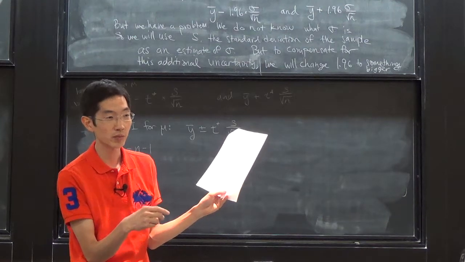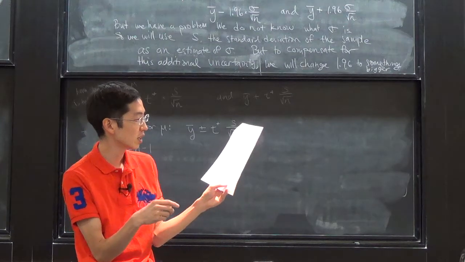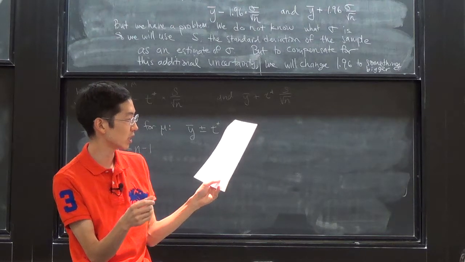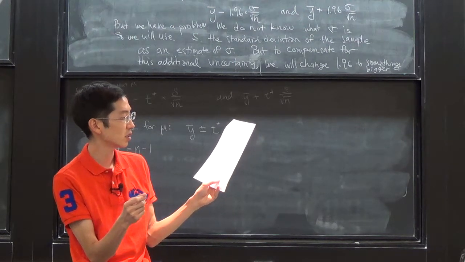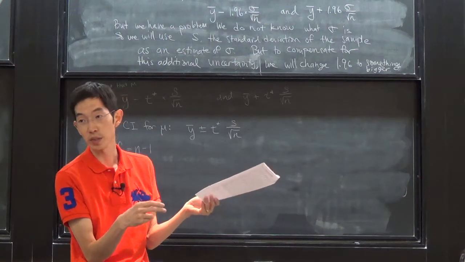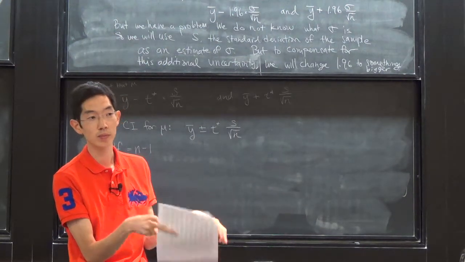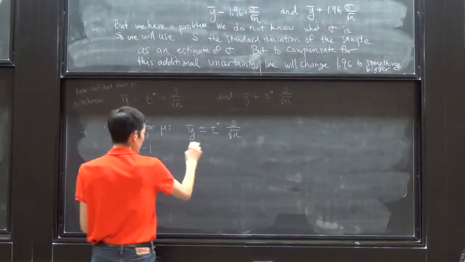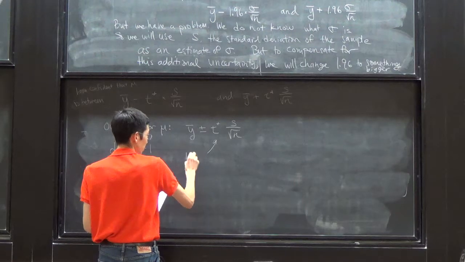But most of the other numbers are only a little bit bigger. So for example, if you have 9 degrees of freedom, you use 2.262 rather than 1.96. So we look up t star in the t table.